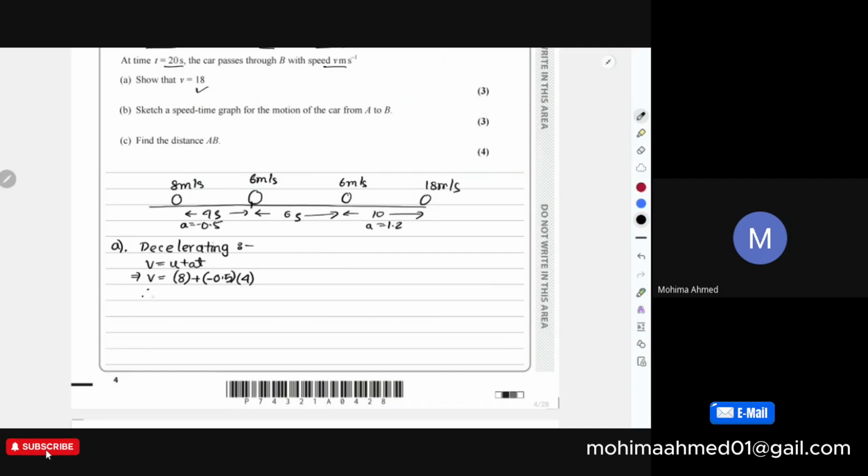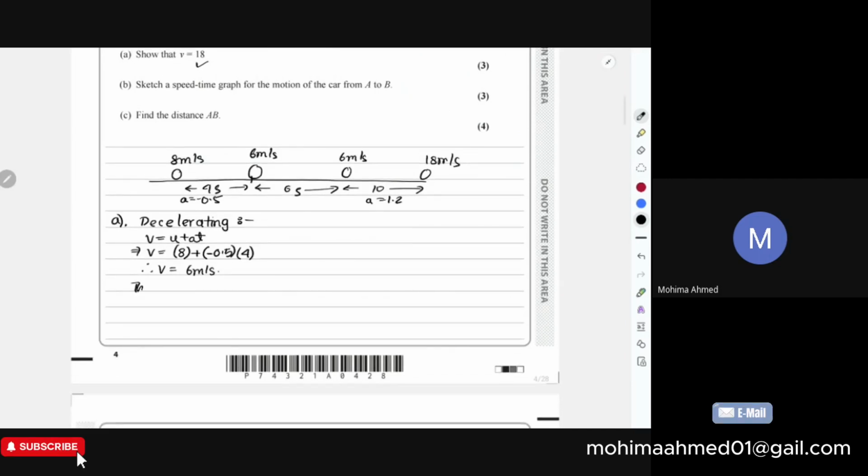So eventually you get your answer as 6 meters per second. Then for the next 6 seconds, it continues at constant velocity.